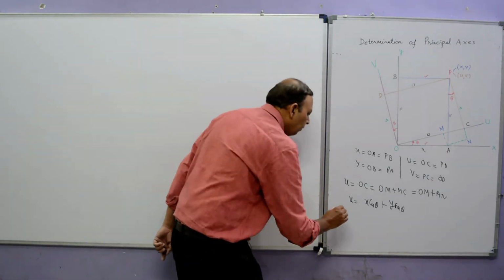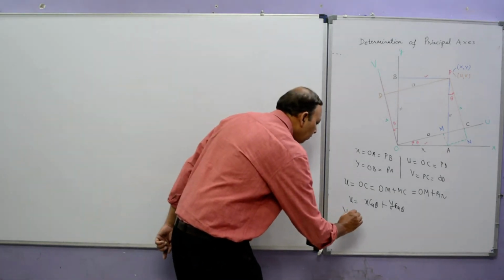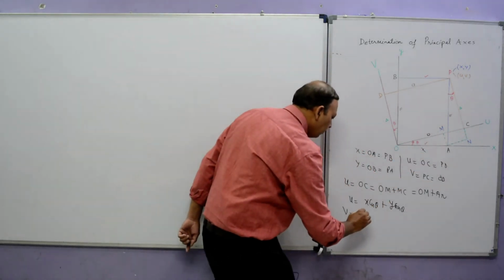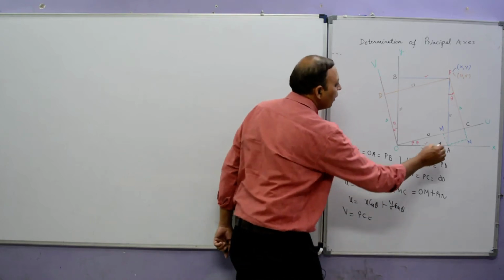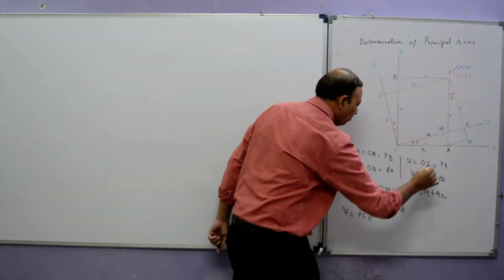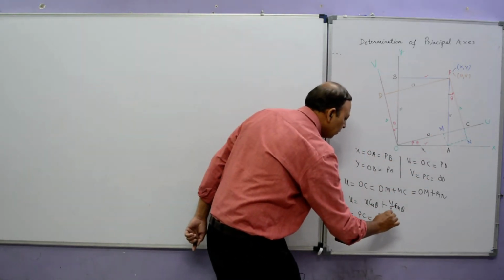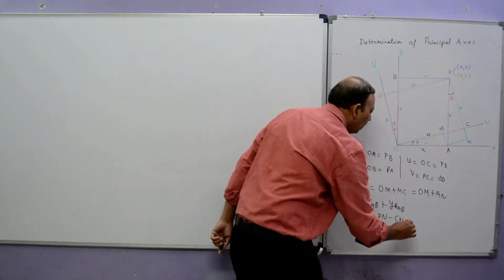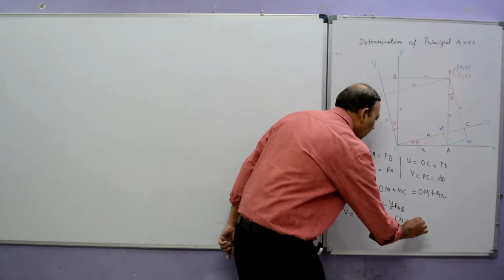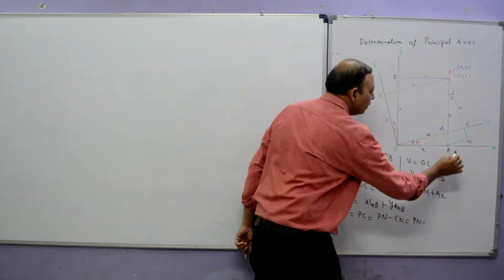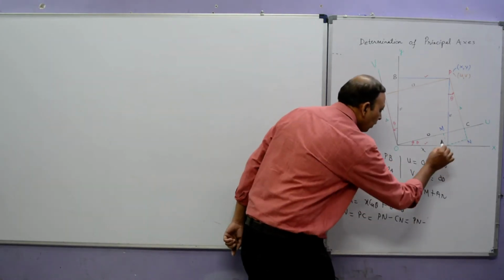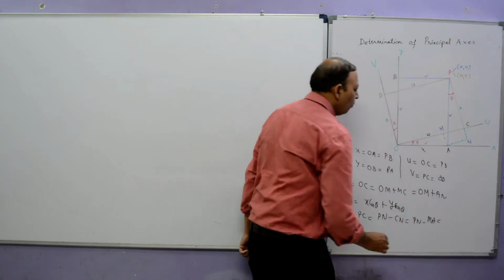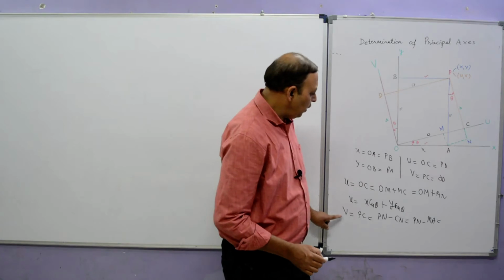Similarly, v equals PC, which can be written as Pn minus Cn, and this Cn equals Ma.